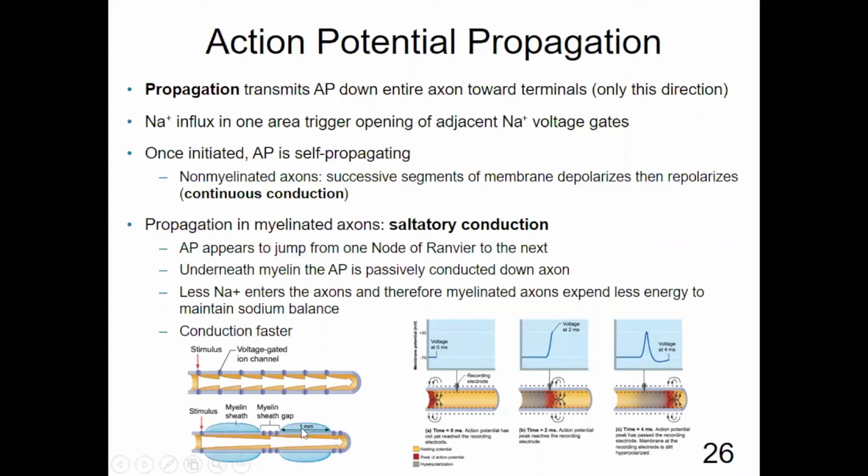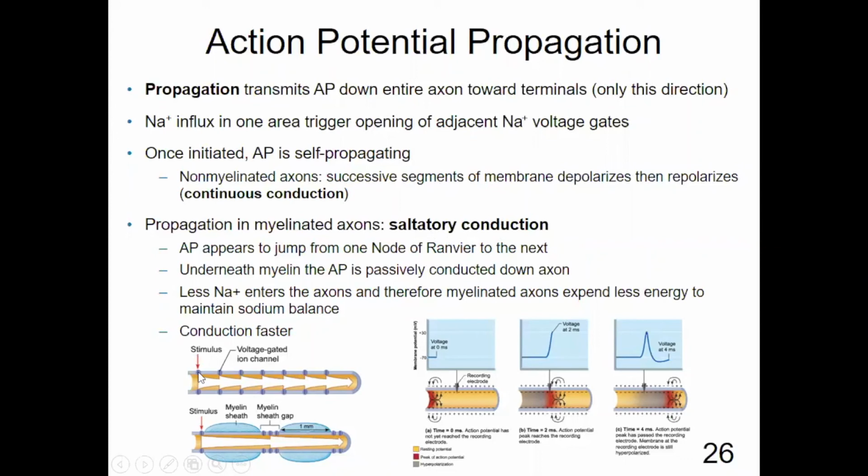So if we look at this top left-hand figure on slide 26, we are looking at an axon. And we are seeing a stimulus being applied here at this red line, and that's inducing some change in the membrane potential. This is representing a non-myelinated or unmyelinated axon. And what we see is that graded potential.